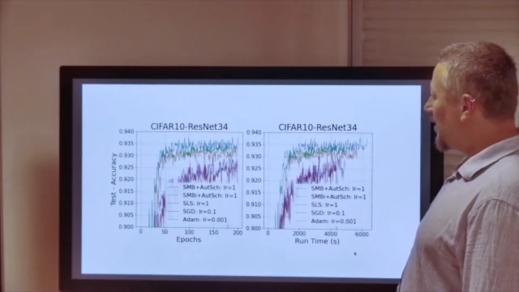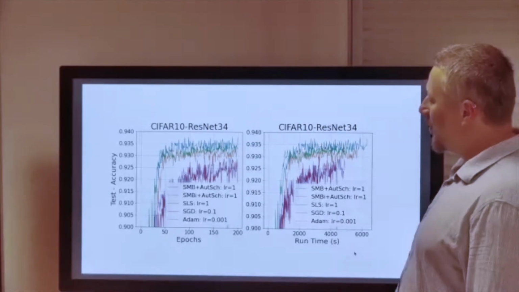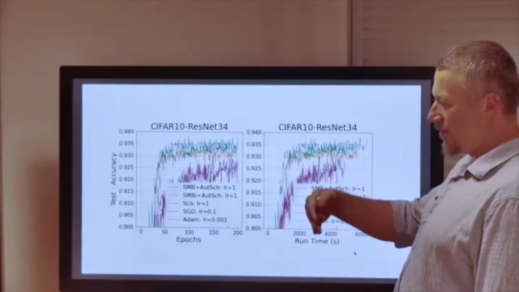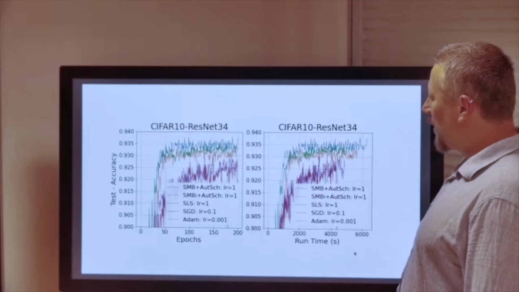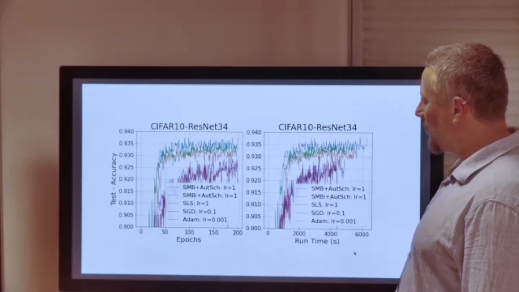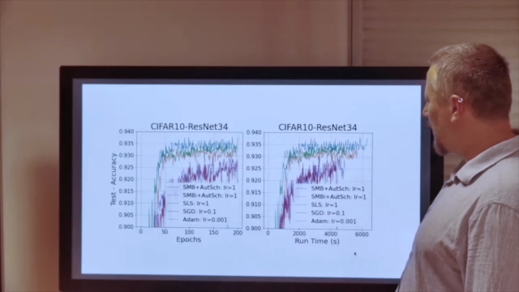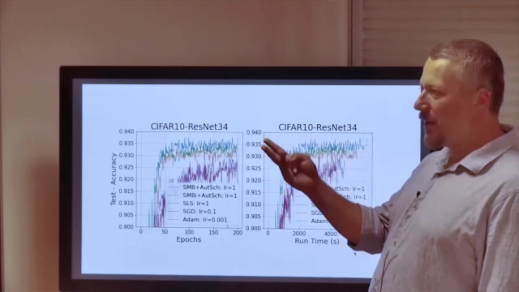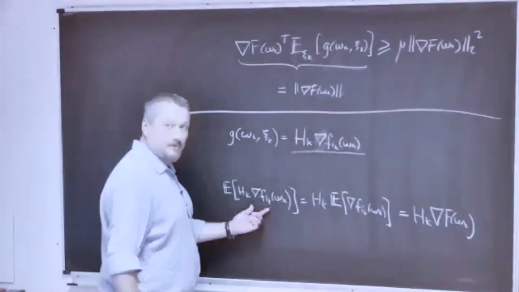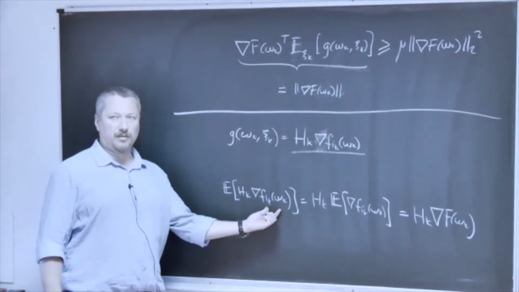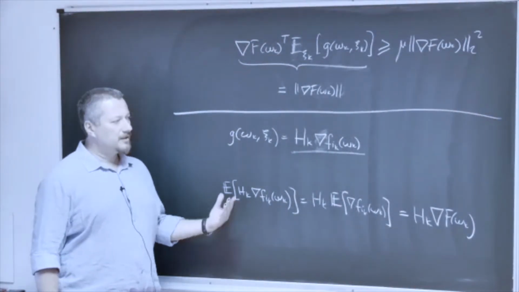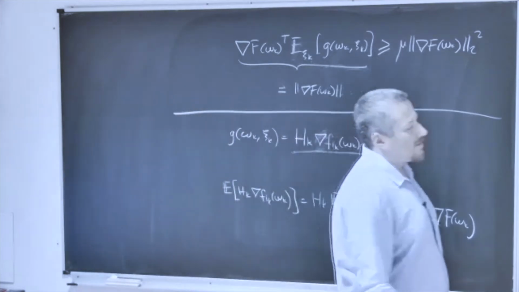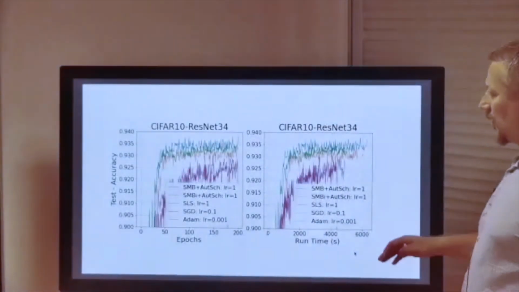So SMB consistently works better than SMBI, but we don't have a convergence result for that yet. Because of that dependence, we cannot calculate this expected value because HK is dependent on this and we cannot just take it out. So this is an aspect that should be examined for this algorithm.